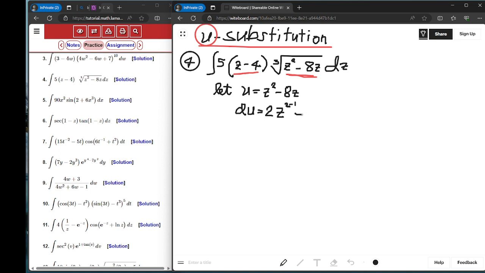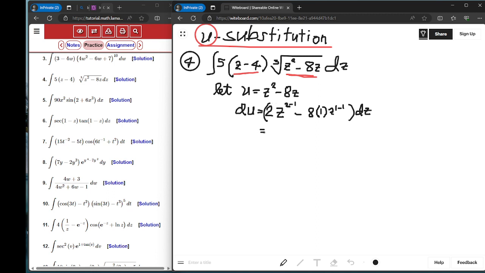Then minus 8, and the exponent of z is 1, so that would be 8 times 1 times z to the 1 minus 1. And we should not forget to write dz, because when you get the derivative, do not forget dz.